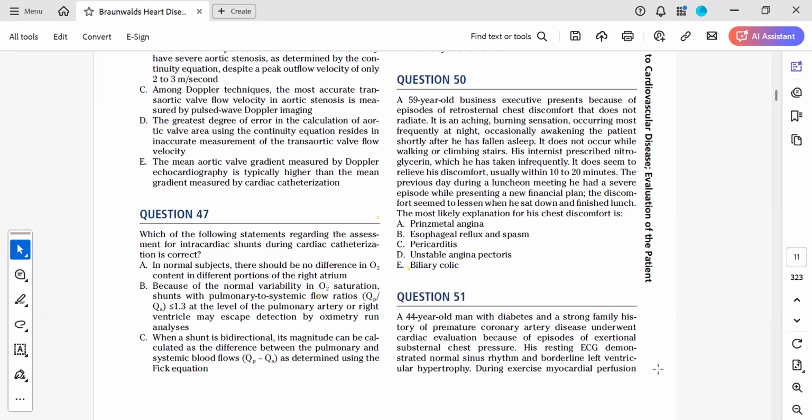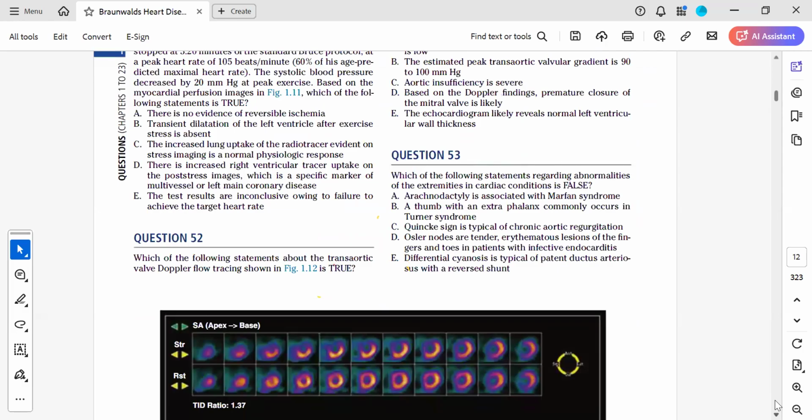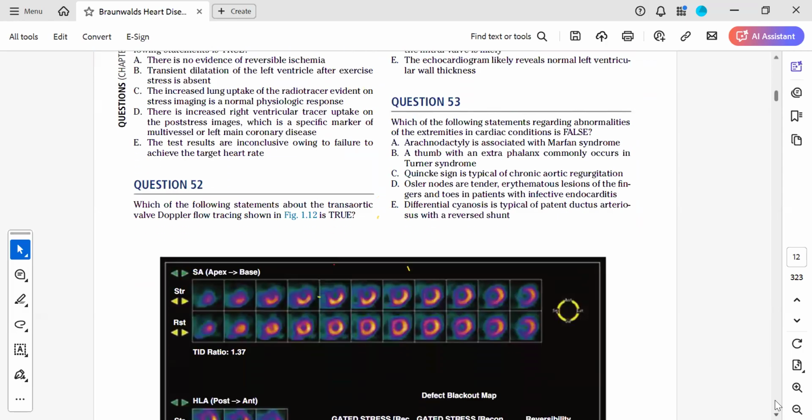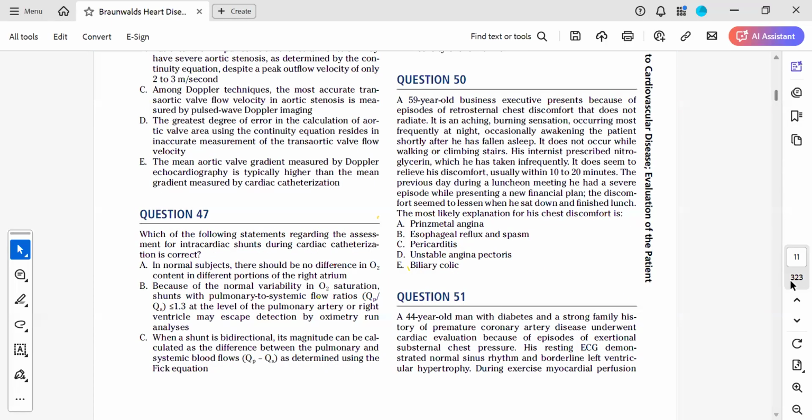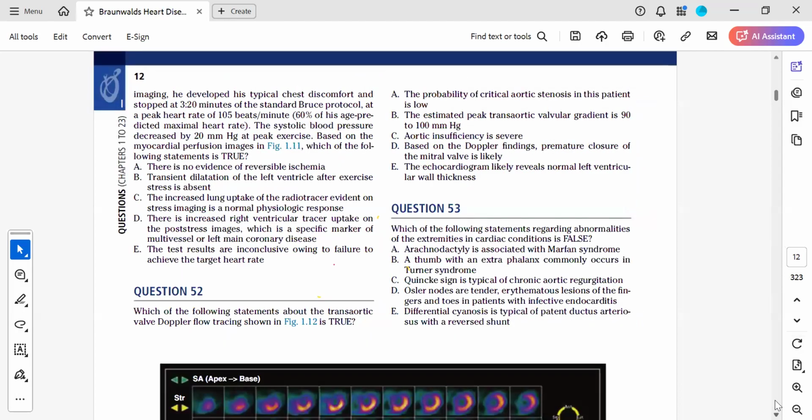During exercise stress imaging, he developed his typical chest discomfort and stopped at 3 minutes 20 seconds of the standard Bruce protocol at a peak heart rate of 105 per minute, which is 60% of age predicted maximal heart rate.